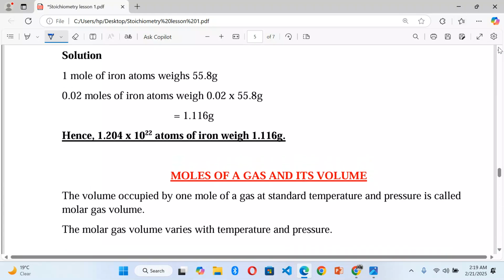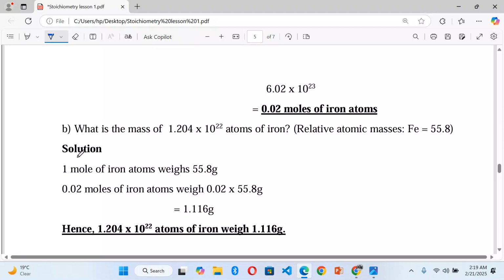Here we're saying that 1 mole of iron atoms weighs this. This is the mass of iron. If you check on the periodic table, you'll find there 55.80 grams. So 1 mole of iron weighs 55.80 grams. What about the 0.02 moles, which we have here?